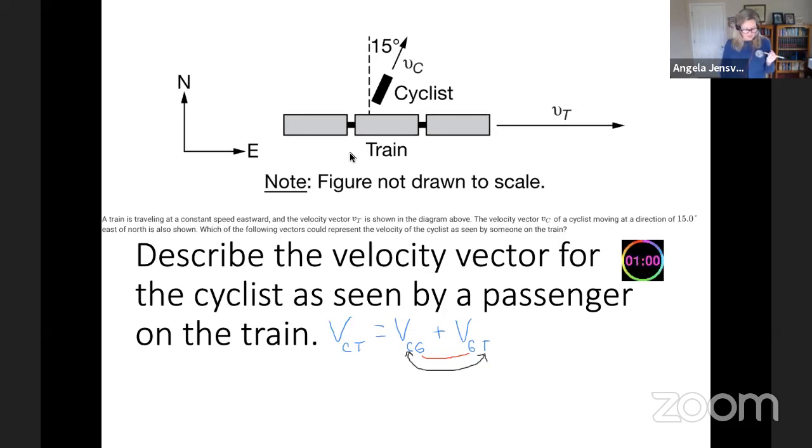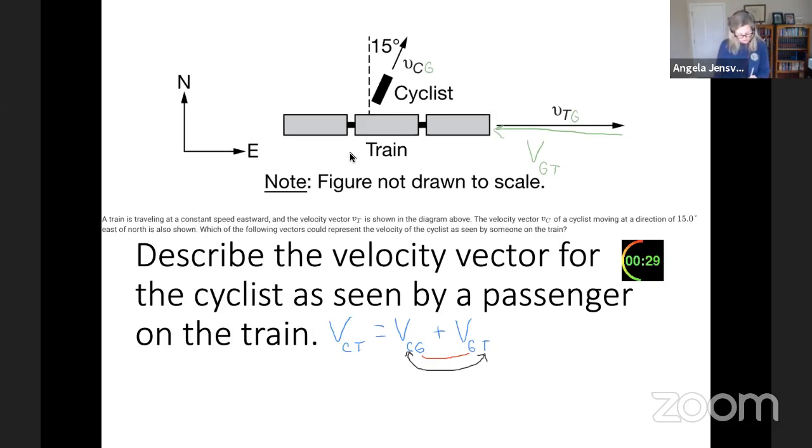Okay, I hope you noticed that this vector they gave you is really the velocity of the cyclist relative to the ground. And this one is the velocity of the train relative to the ground. But in our equation, we want the ground relative to the train. So imagine you were in the train. Wouldn't you see the ground moving west at this same speed? This is the velocity of the ground relative to the train. And we want to add those two vectors together.